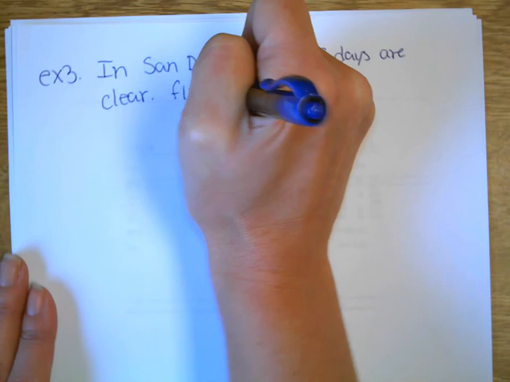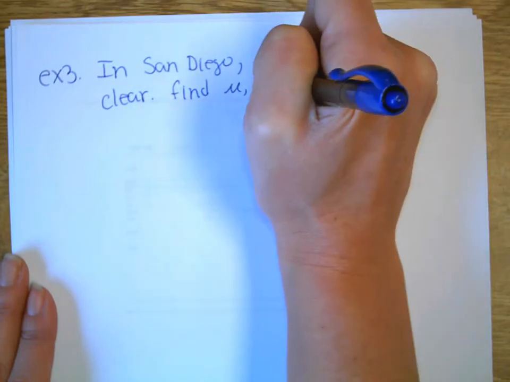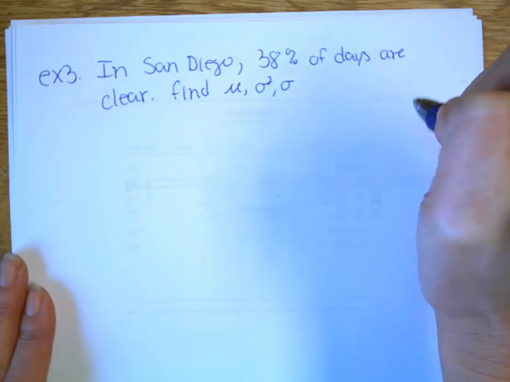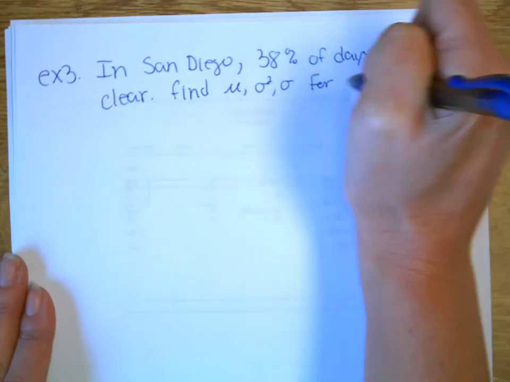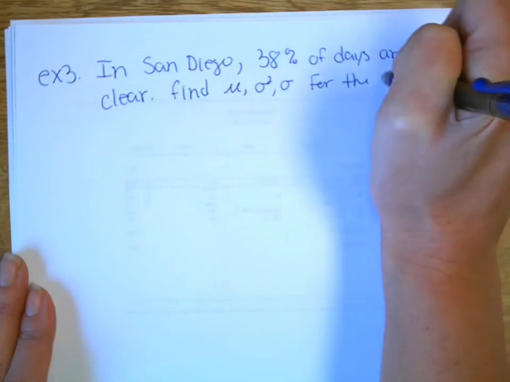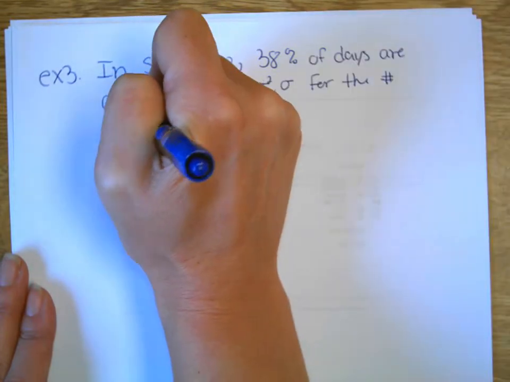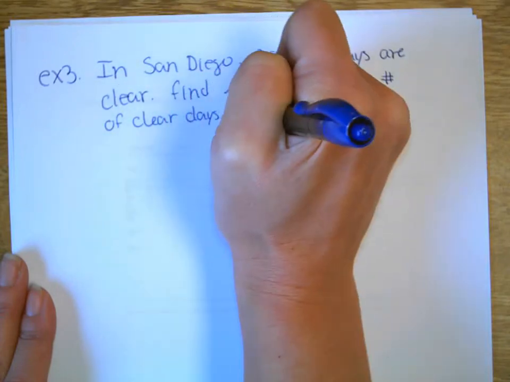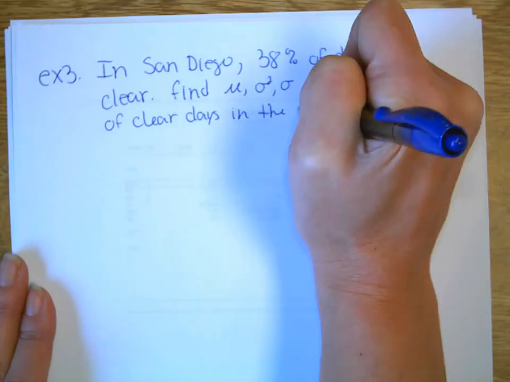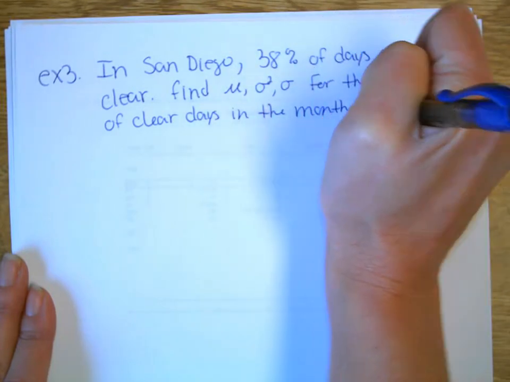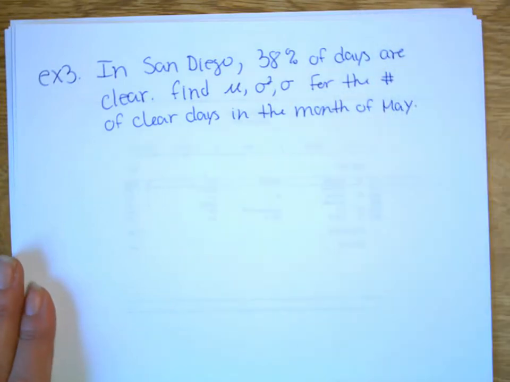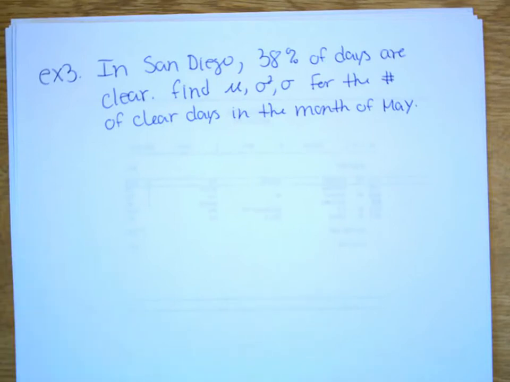Find the mean, variance, and standard deviation for the number of clear days in the month of May. So on average, how many clear days are there going to be in the month of May?